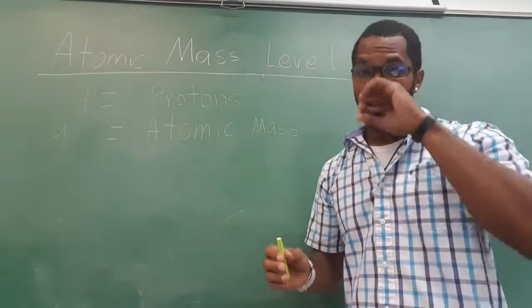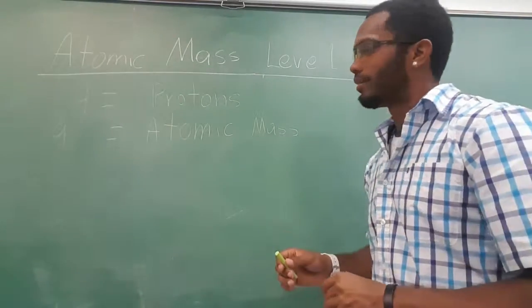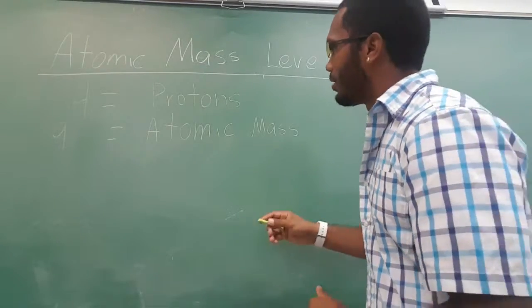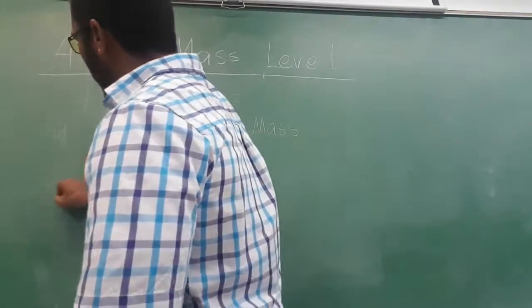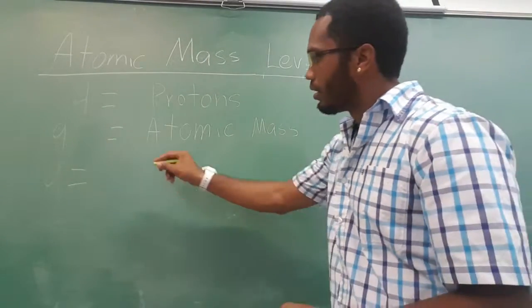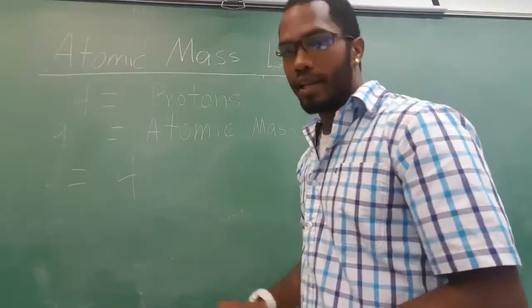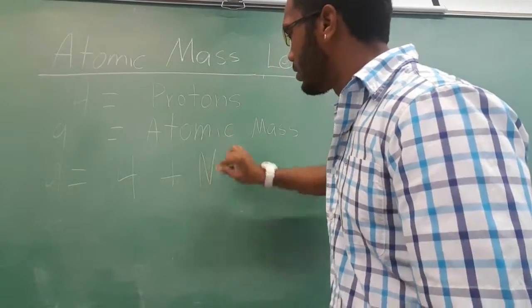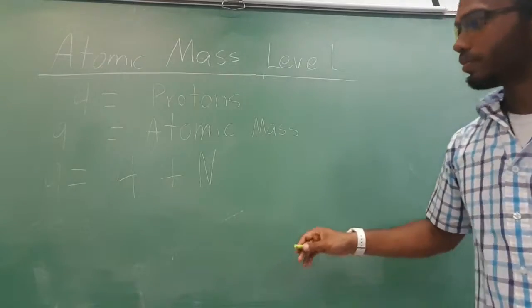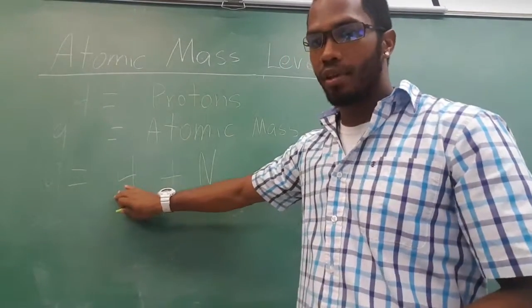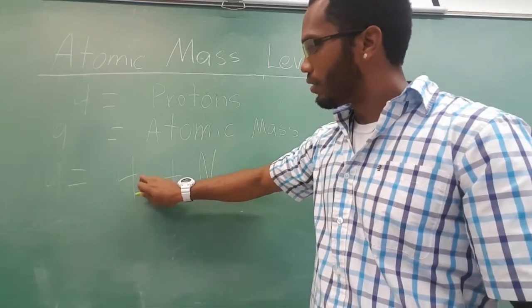All right, welcome back. If you did it, good job. If you didn't, shame on you. Anyways, so 9 is equal to the number of protons and what? The number of neutrons. So all we have to do is do the opposite of this, right?